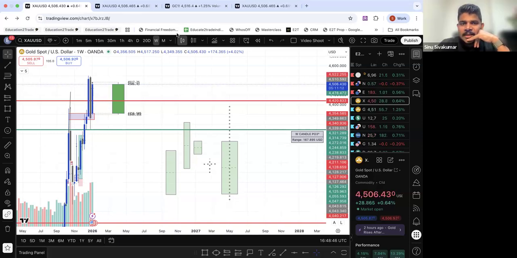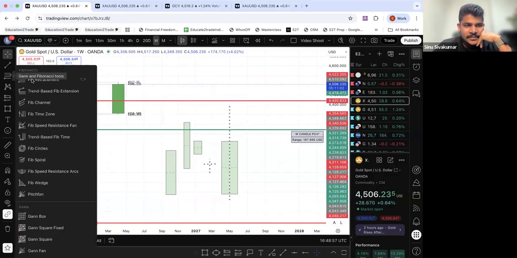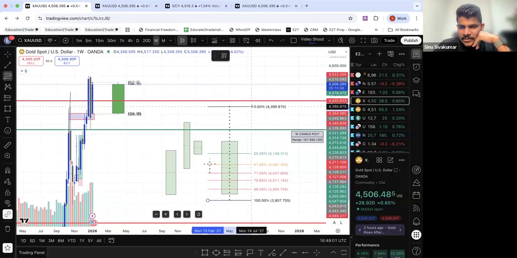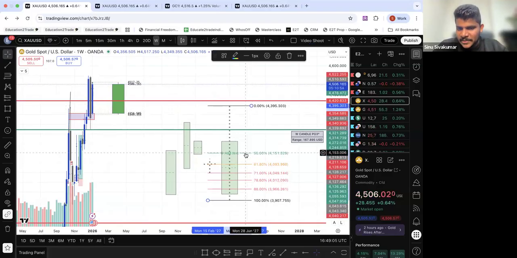Okay, let's try to explain this in simple terms. Even if you measure this particular candle, this is actually 100%, and this is the 50% area. If the body is at least 50% below and the wick is more, then you can call it sellers are in control.